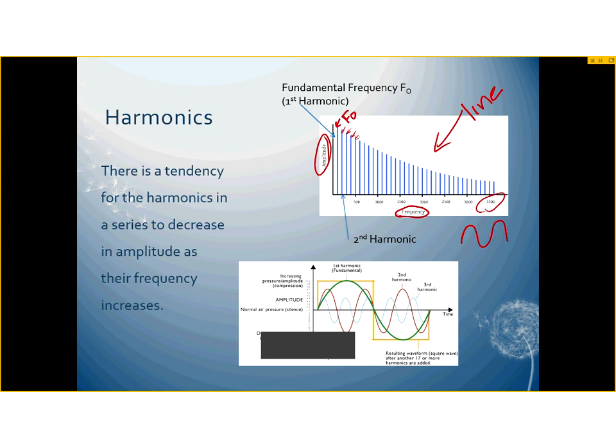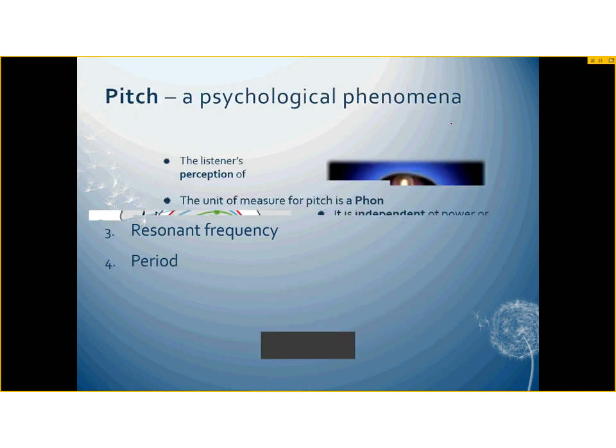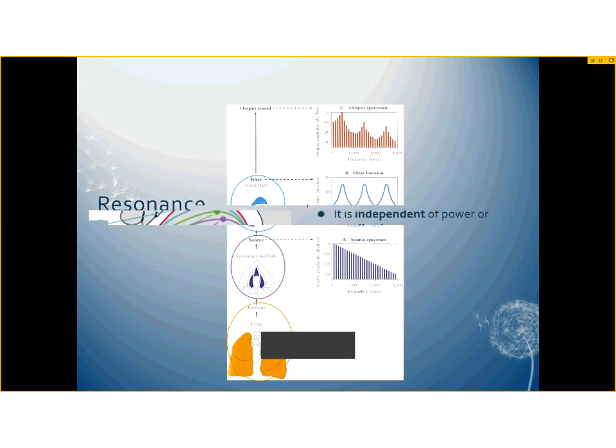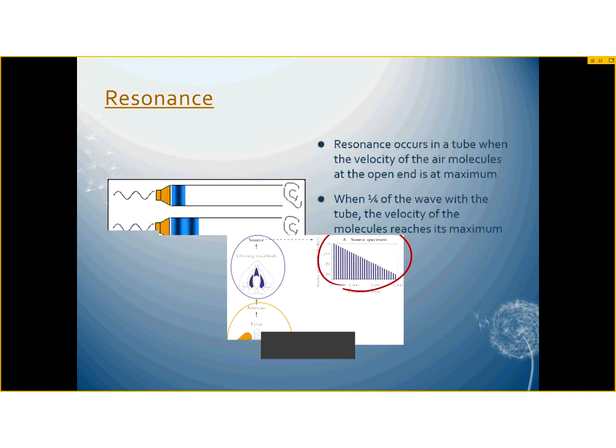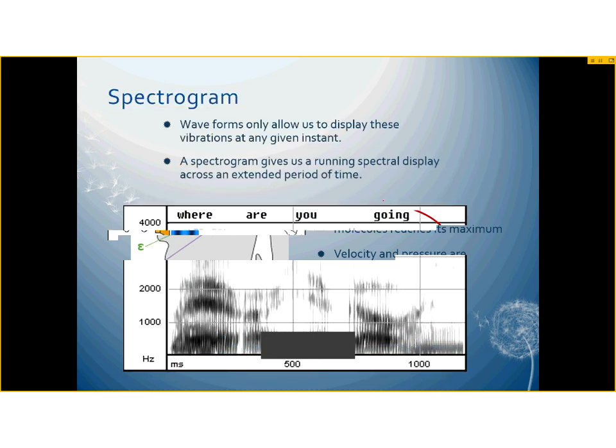Or we can depict it with cycles per second instead of lines. This is your fundamental frequency, and these are your harmonics. This is a line spectrogram. This is another line spectrogram. And this is a continuous spectrogram.